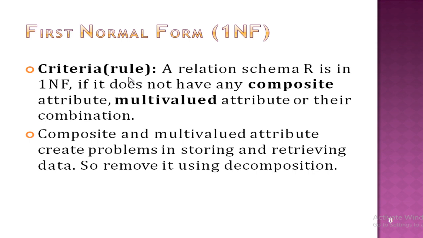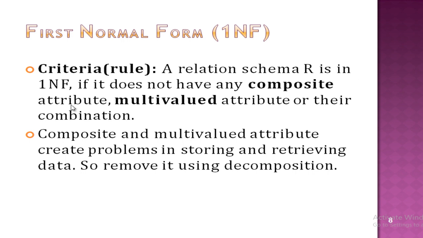Okay, first normal form criteria: a relation schema R is in the first NF if it doesn't have a composite attribute and multi-value attribute or their combination. Composite attribute, that means what?